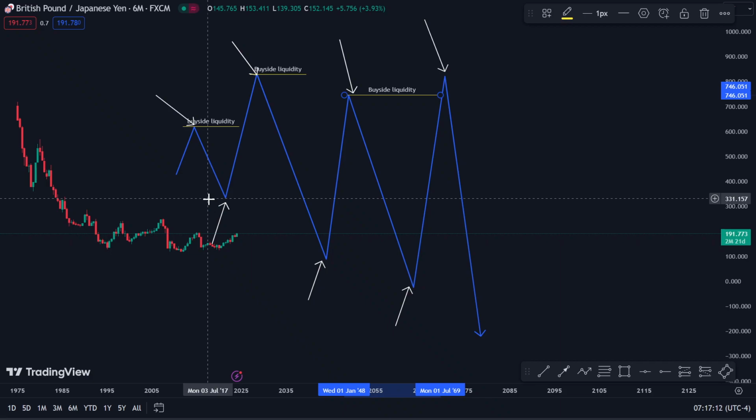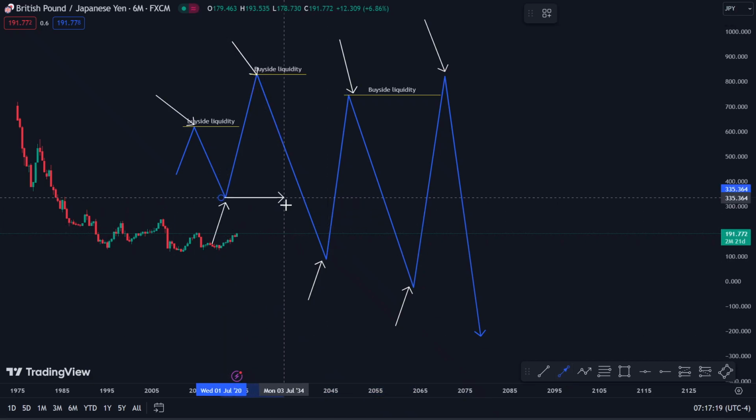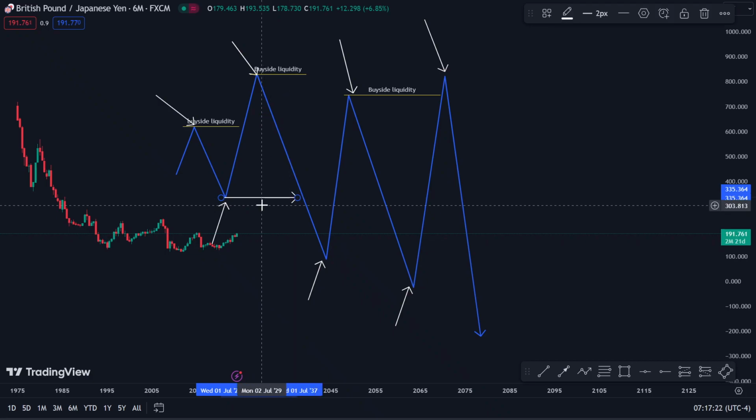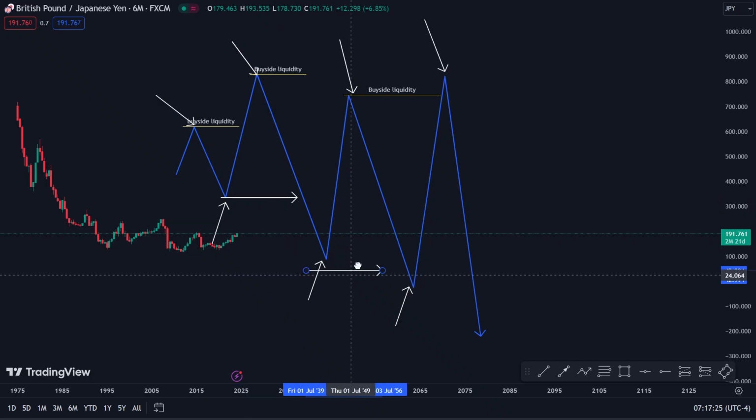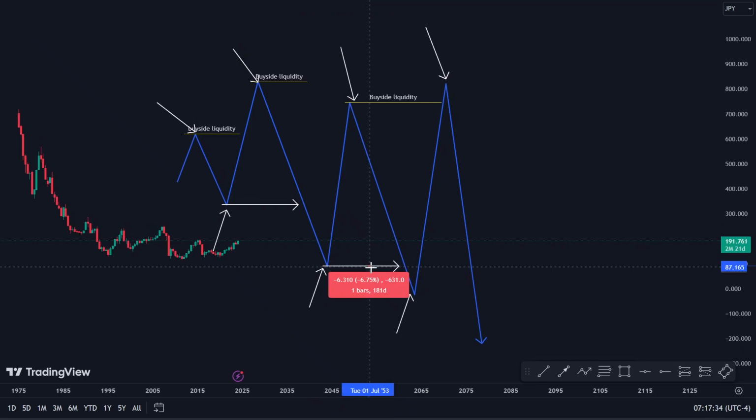Probably some are familiar with the terms relative equal lows and relative equal highs. So for instance, this swing low over here, we have a bunch of sell stops resting there, as well as this swing low, and finally this swing low.